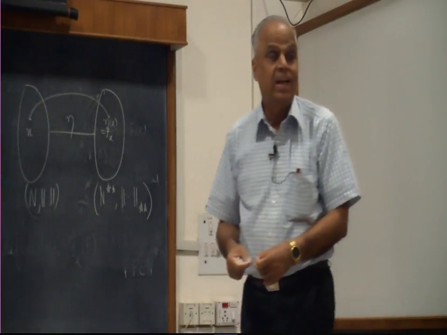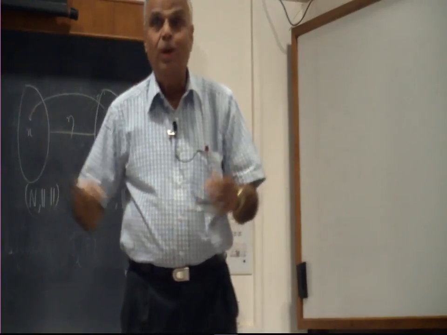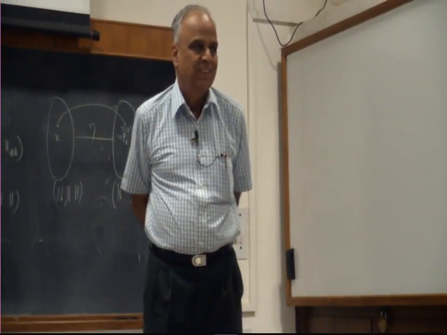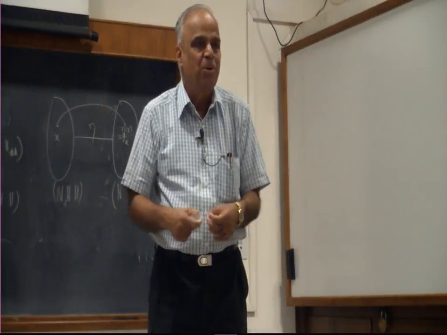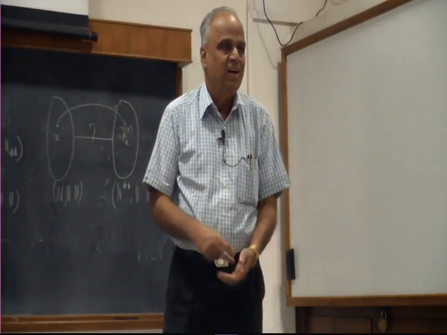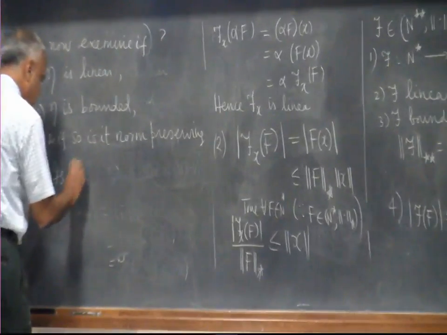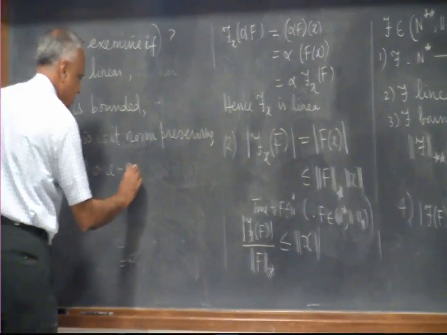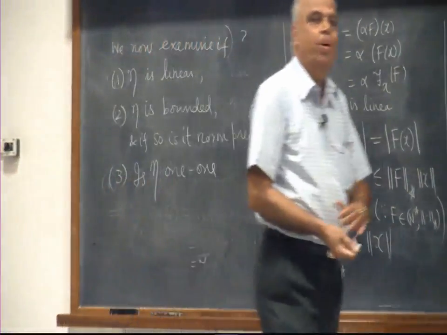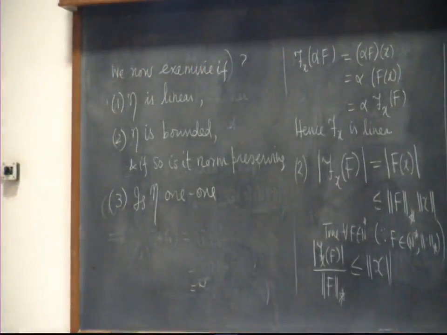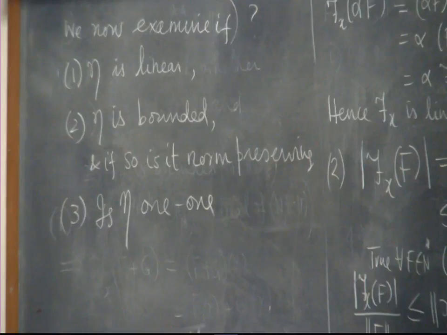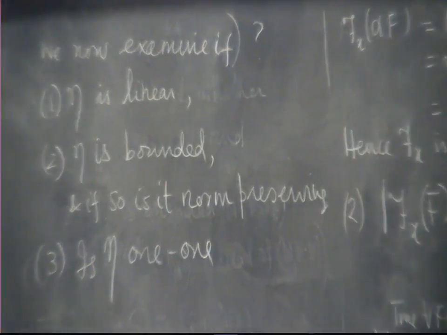If that is the case, then this coding has a confusion. Two fellows have the same code and that will create a lot of mess. So therefore we ask, is it 1-1? That is, different points produce different shadows. We want to know whether it is 1-1.